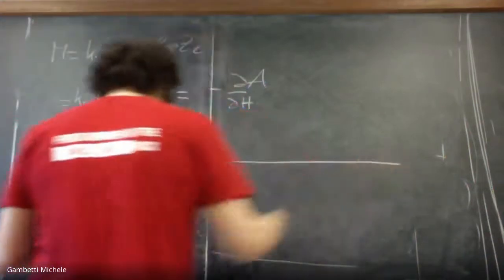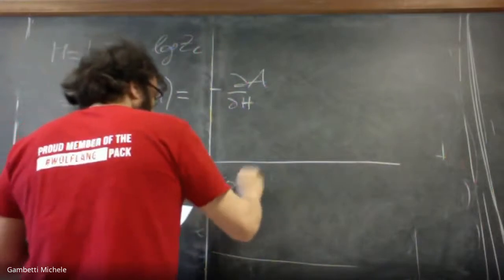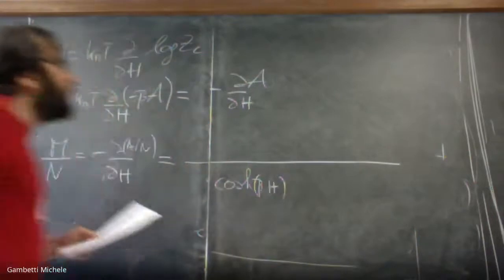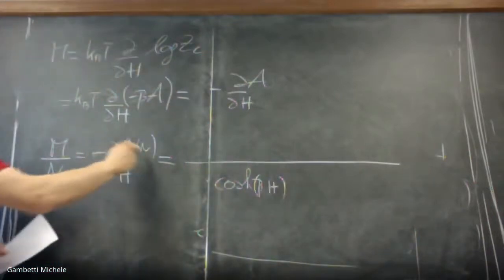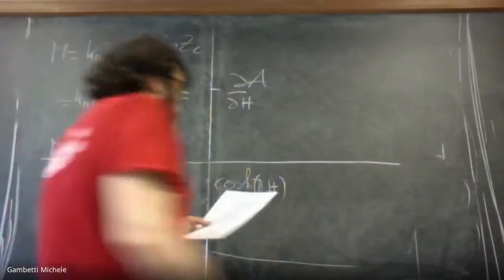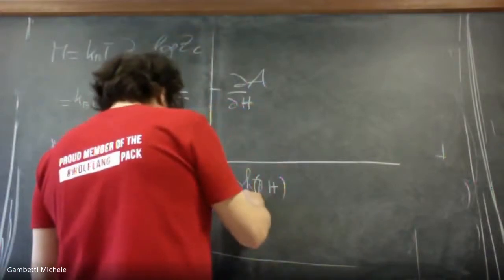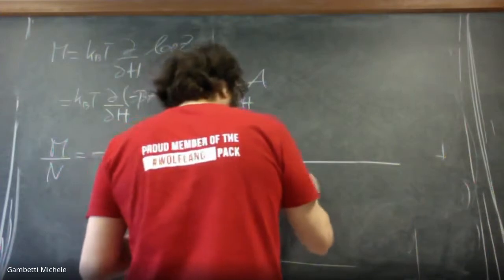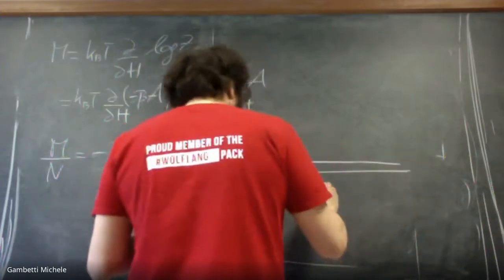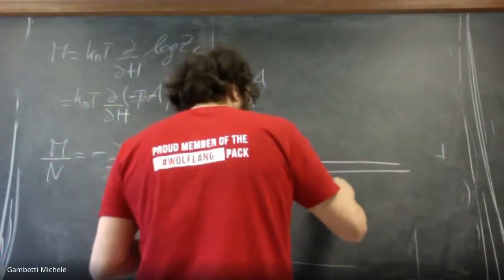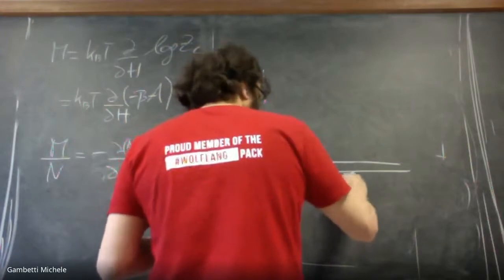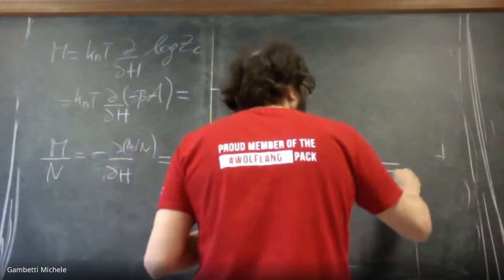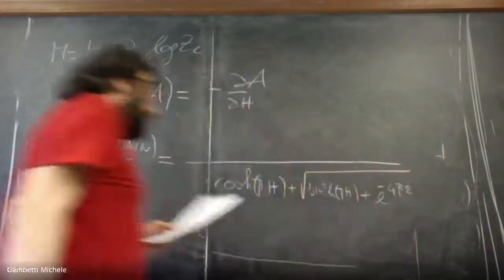I put part of the result here. When I compute the derivative by using the formula for A divided by N that we derived before, we get the denominator cosh H beta H plus here we have sinh squared beta H plus exponential of minus 4 beta epsilon.